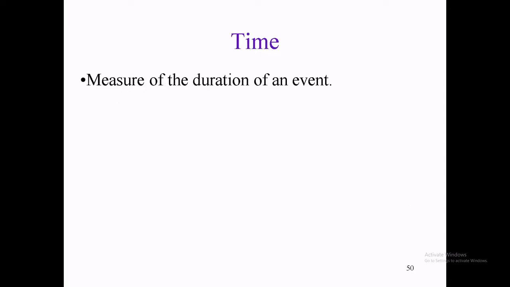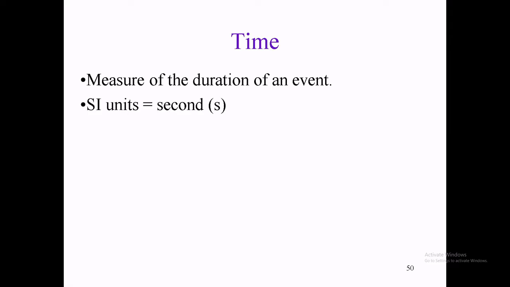Time. So this is the measure of the duration of an event. This is a very functional definition. You can get really metaphysical about the idea of what exactly is time. But a lot of times in science we just use functional definitions. So time is that thing that a clock measures.